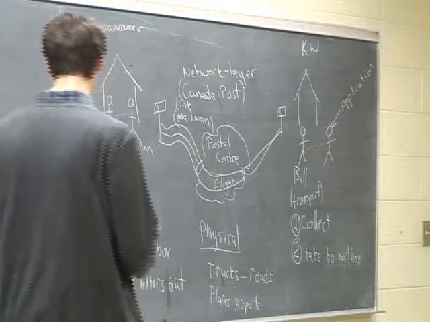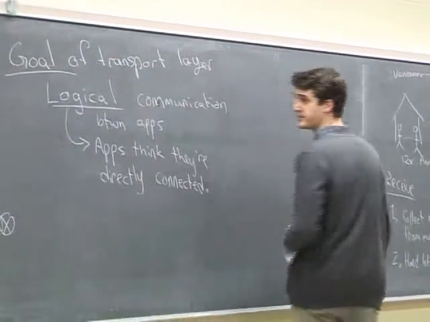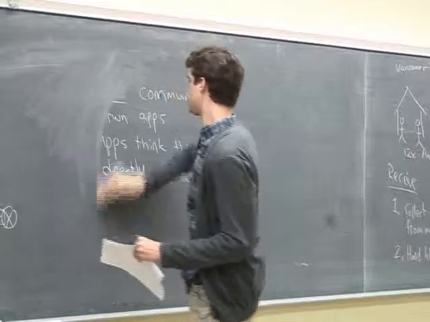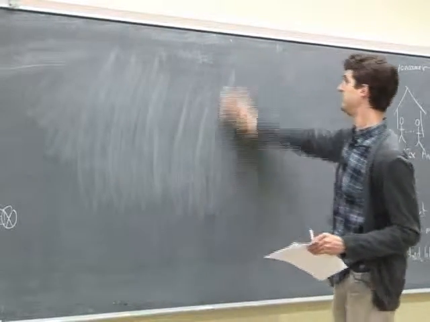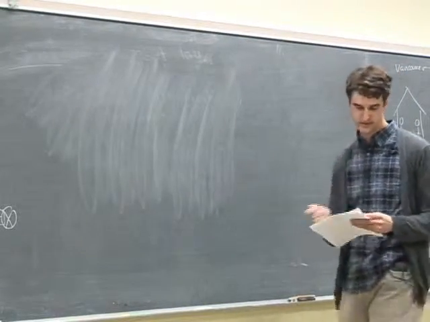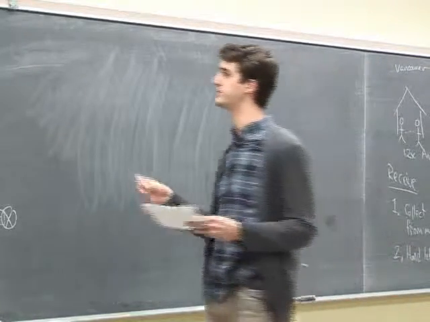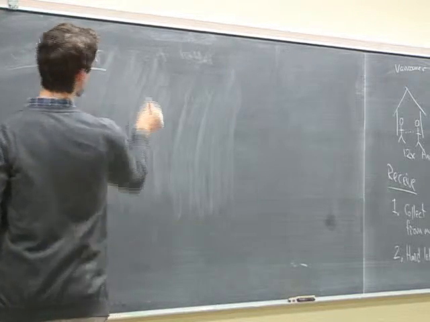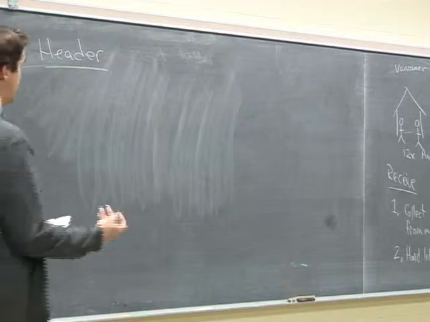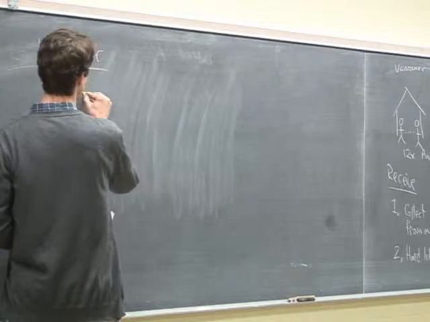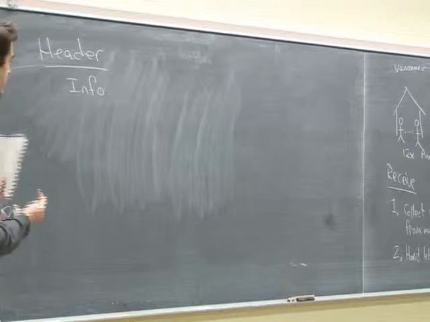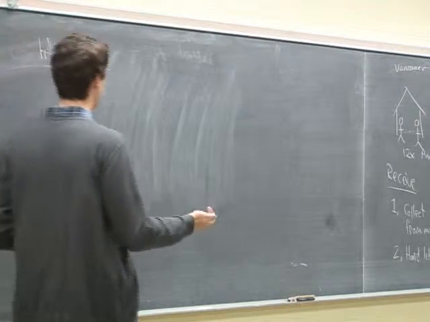Okay. All right, so let's move on now to I want to define a couple of concepts about the transport layer. So the first thing you're going to need to know is what a header is. So a header is just information attached to the top of a packet to include some sort of metadata about the packet.